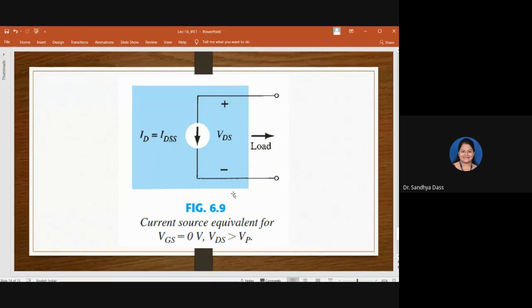So this is an equivalent circuit, keeping VGS equal to 0 and VDS greater than VP. So when VDS is greater than VP, you know the condition: ID will be equal to IDSS. All these conditions you have to clearly know in order to explain the operation of the JFET. Okay, assuming that you have understood, we will stop today.